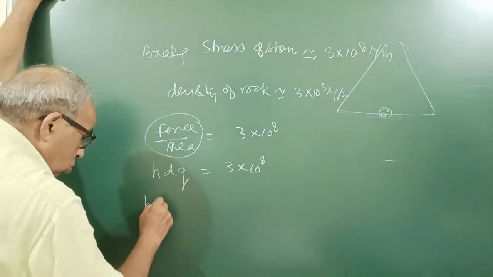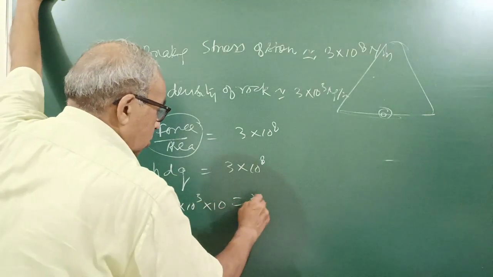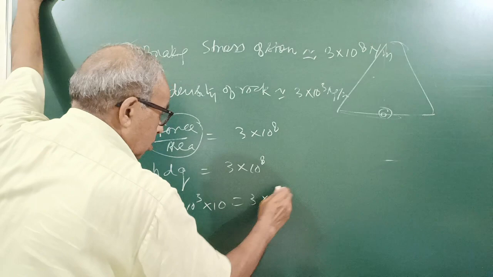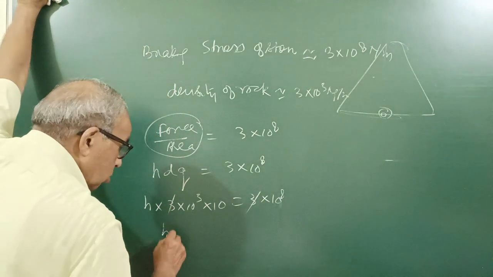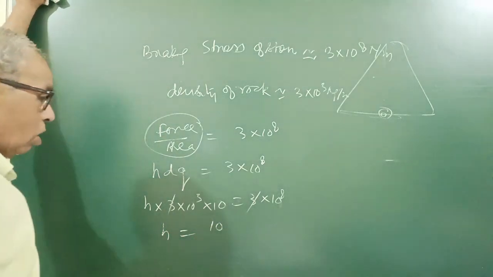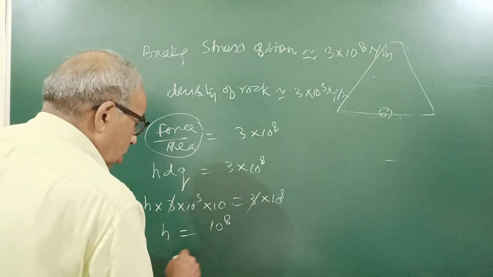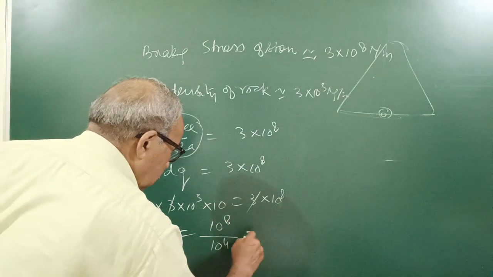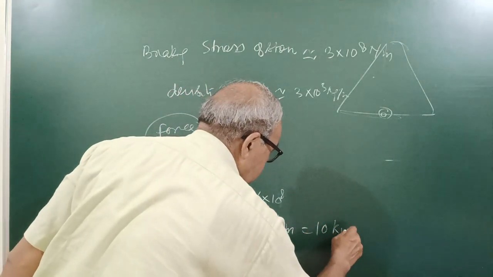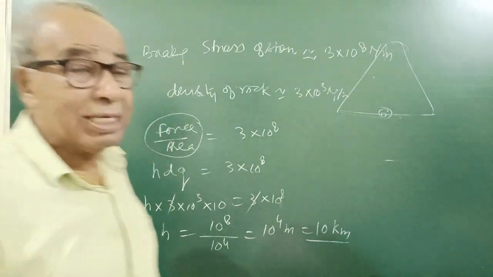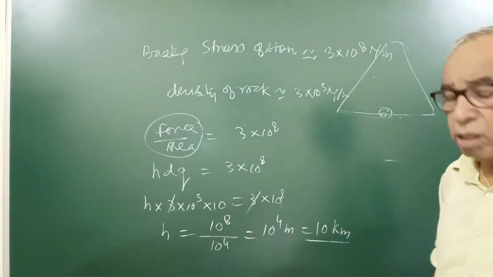So h into 3 into 10 to the power 3 and g taken as 10 gives 3 into 10 to the power 8. So 3 cancels. So h equals 10 to the power 8 upon 10 to the power 4, that is 10 to the power 4 meter, that is 10 kilometer, which is more than the height of Everest. So no mountain has a height more than 10 kilometers.